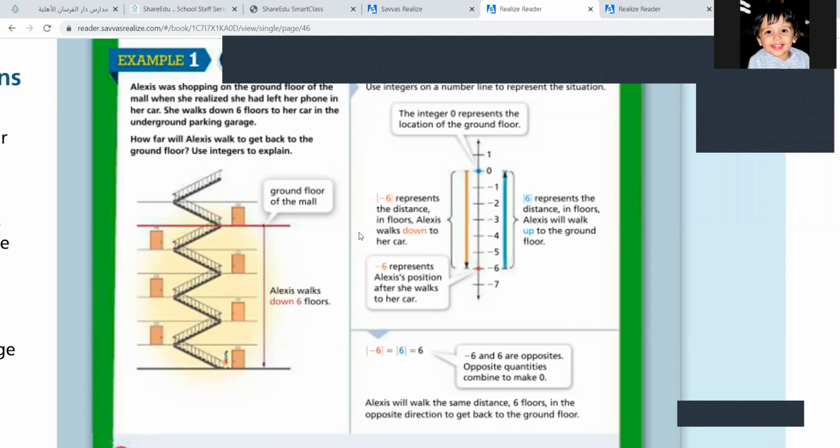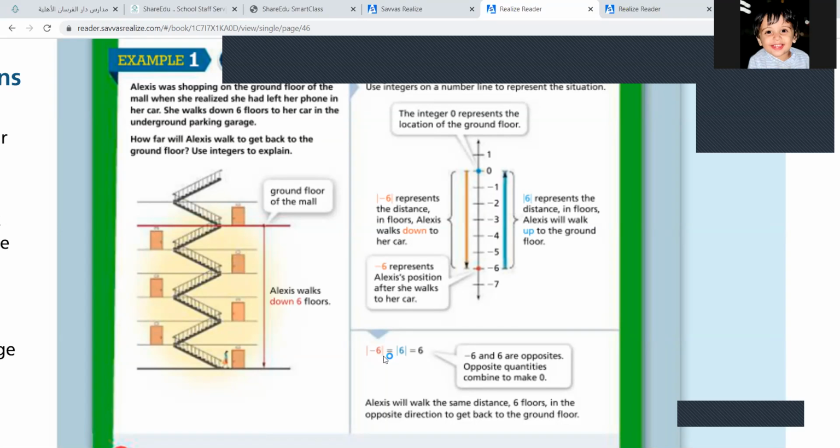Girls, when you walk from up to down, it's a minus sign, right? Like minus 1, minus 2, minus 3, minus 4, minus 5, minus 6. Minus 6 represents Alexis's position after she walks to her car.